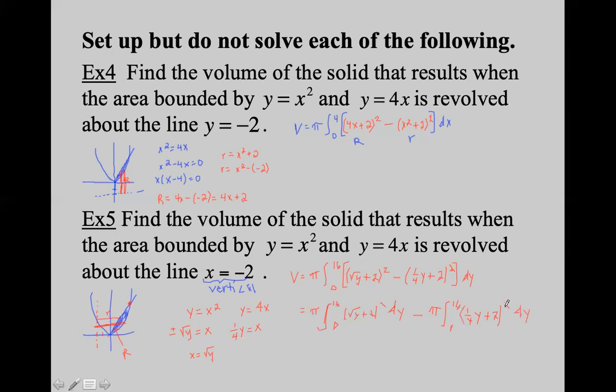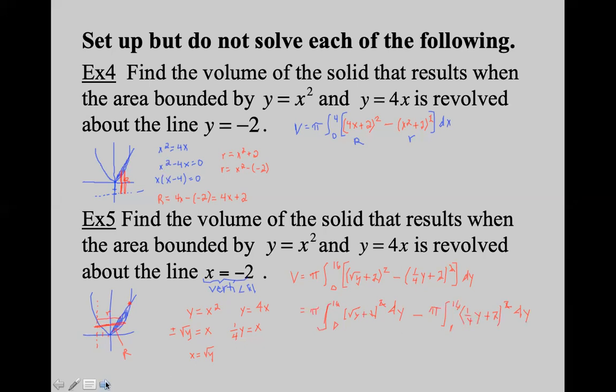Either one of these answers is fine, whether you want to put them together or make them two separate. If you actually had to solve these, separate might be a little bit easier.